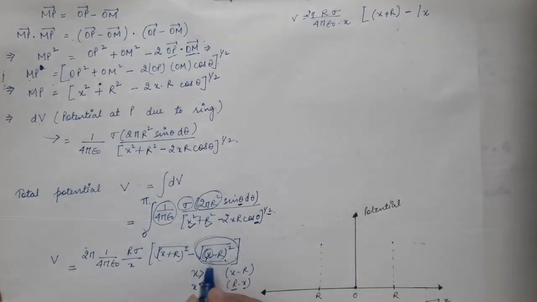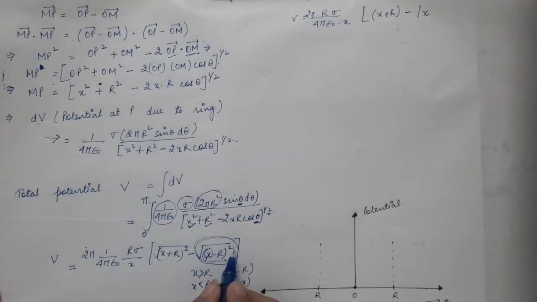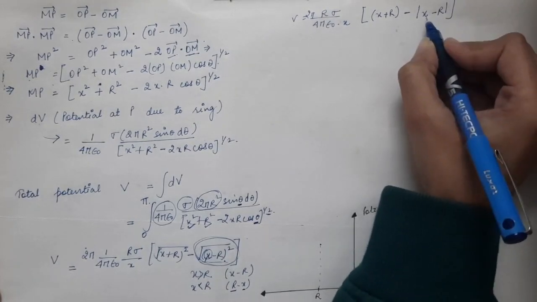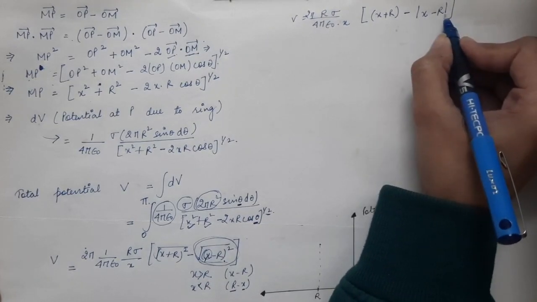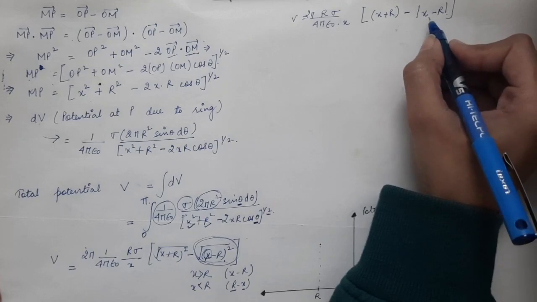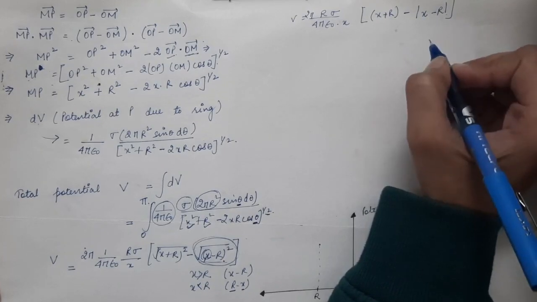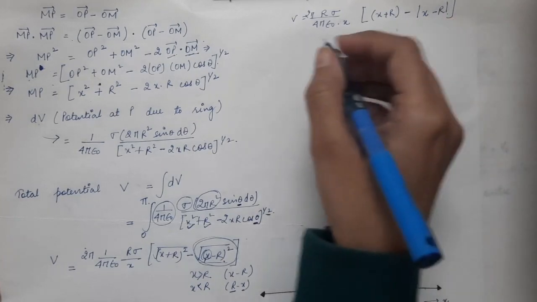So instead of this square root of x minus r whole square, we will write modulus of x minus r. So if x is greater than capital R, this whole term will be equal to x minus r, and if r is greater than x, in that case this whole expression will be equal to r minus x. So that is the function of this modulus.